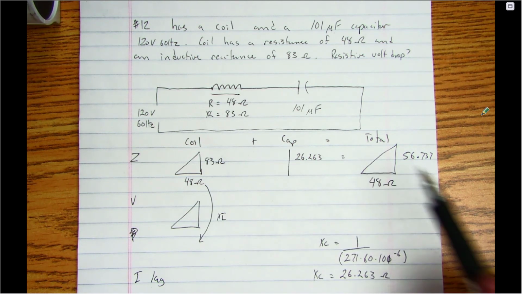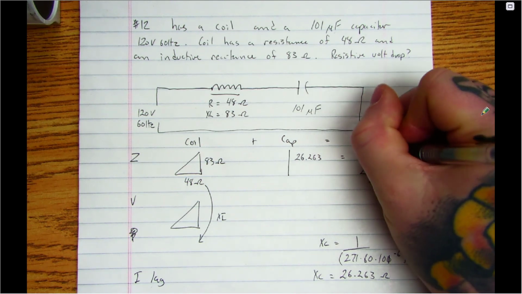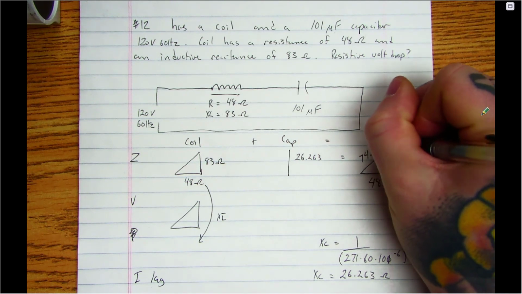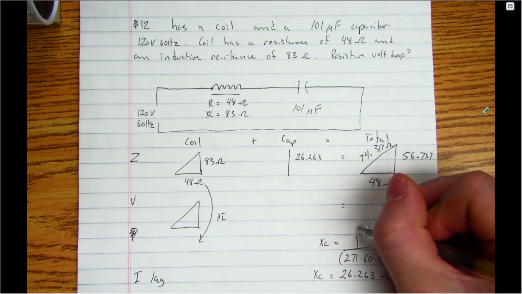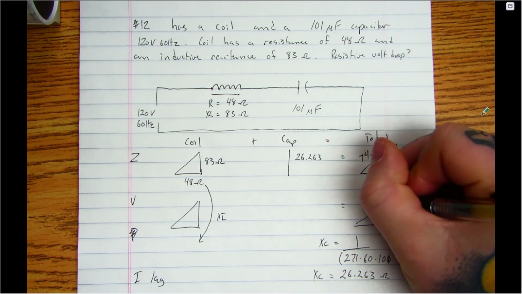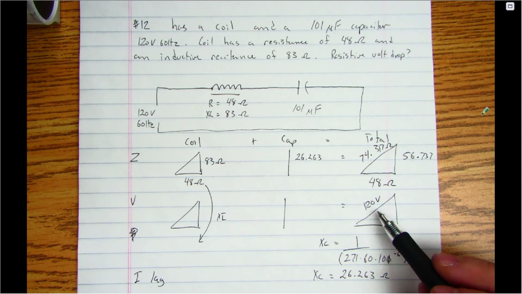Then I want to find my total circuit impedance, so I go 56.737 squared plus 48 squared, and then take the root of that, and I get a total impedance of 74.317 ohms. Now that's where I'm going to be able to find my current because there's a voltage triangle down here as well, and my total circuit voltage is 120 volts.